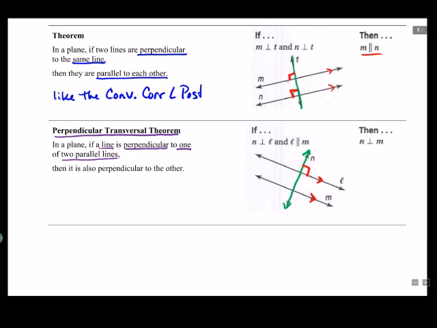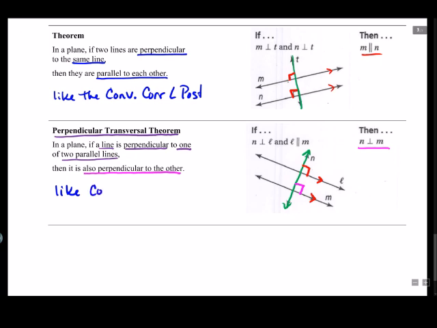Then what happens? Then it is also perpendicular to the other line. So if N is perpendicular to L, and L and M are parallel, then we can say N is also perpendicular to M.